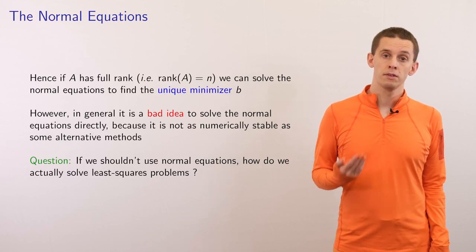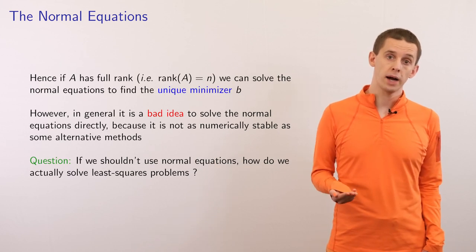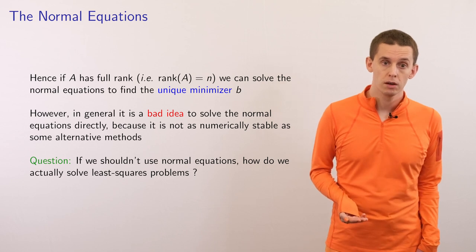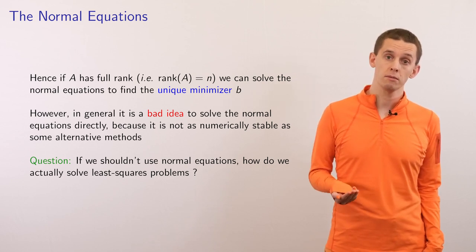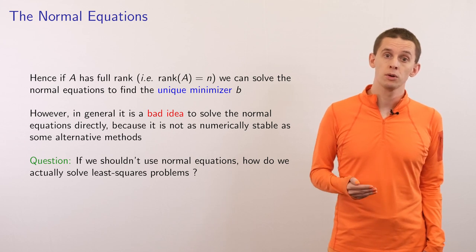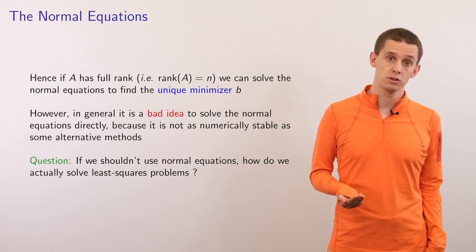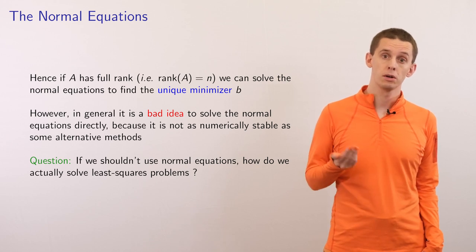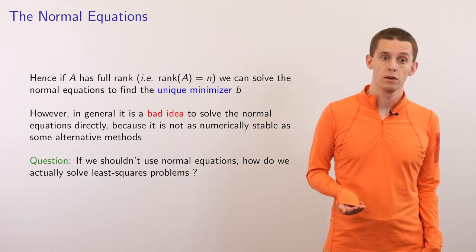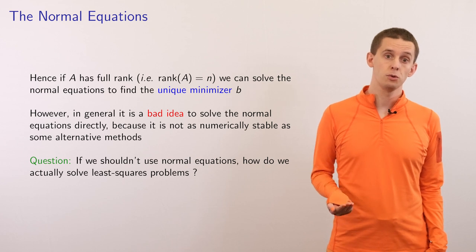Therefore, if A has full rank, specifically that the rank of A is equal to n, then we know that we can solve the normal equations and find a unique minimizer for the parameters b. So this is all good news.